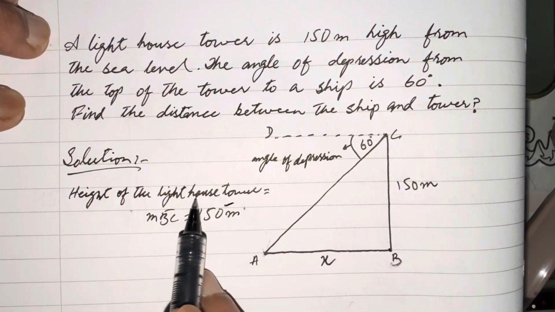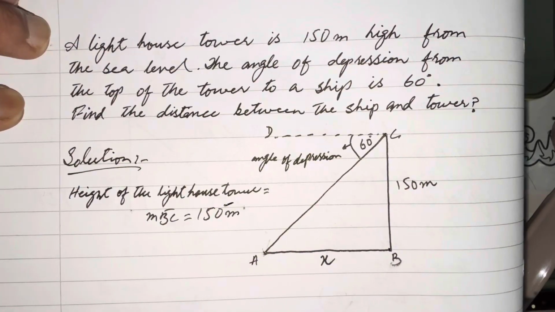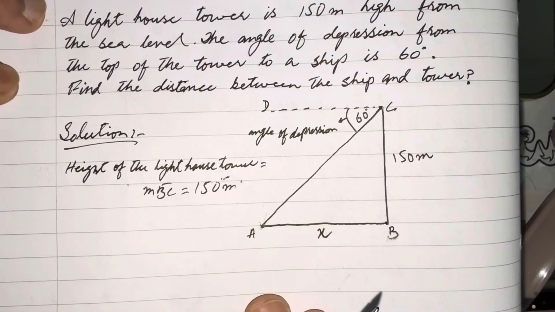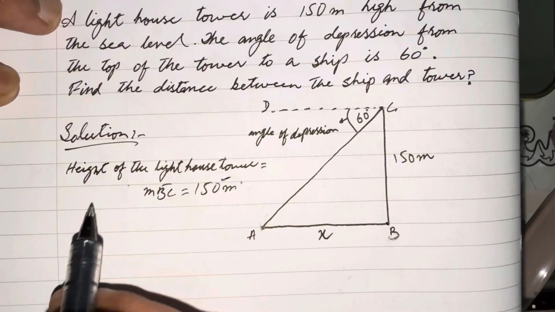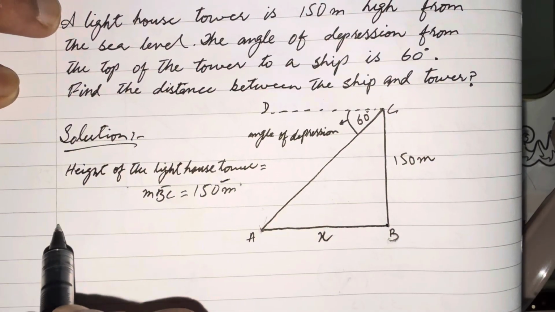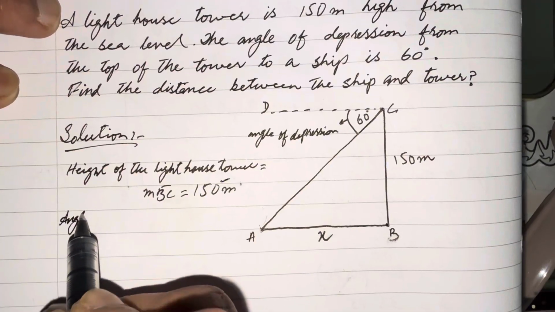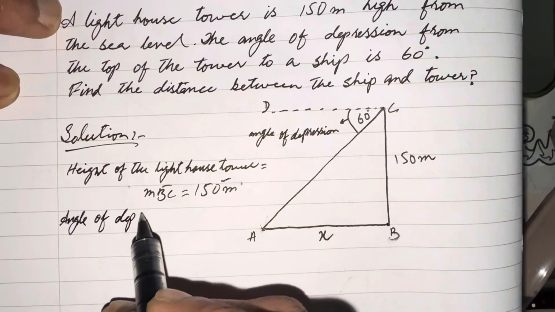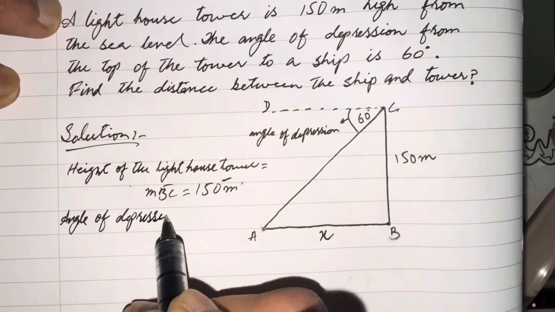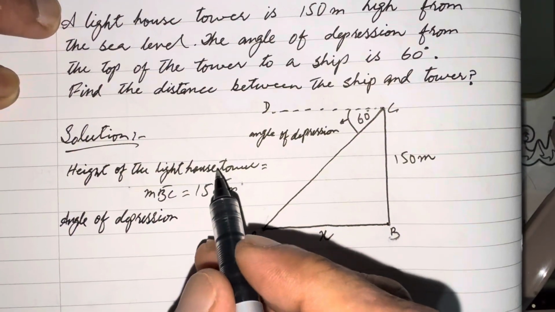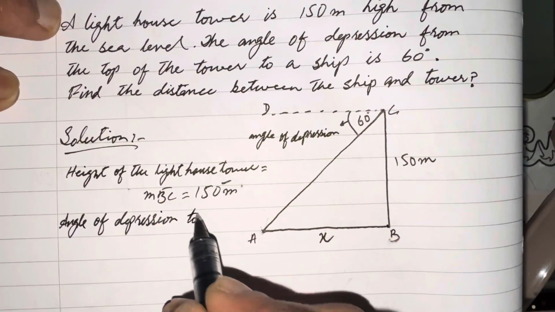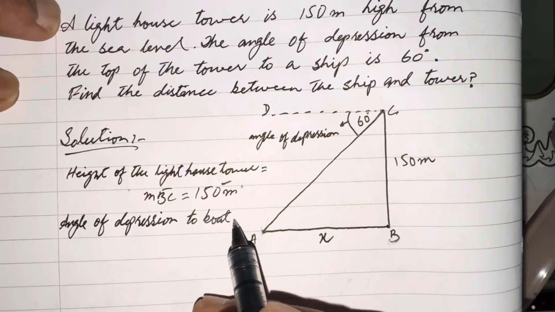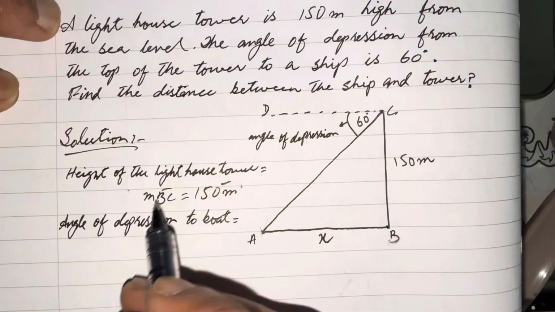The height of the tower is given as 150 meters, and the angle of depression to the boat or the ship is 60 degrees.